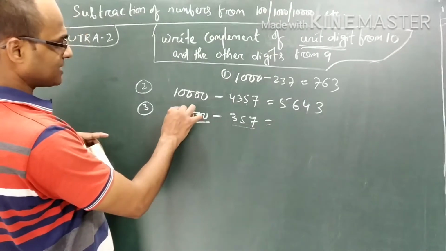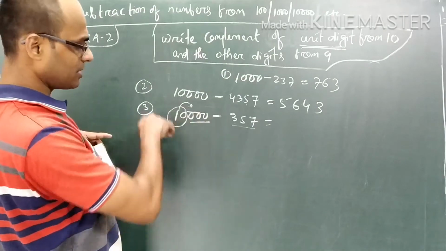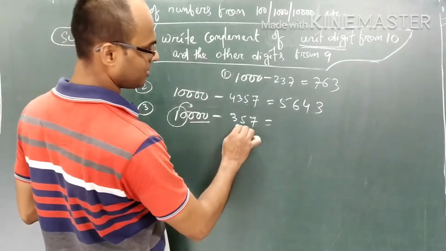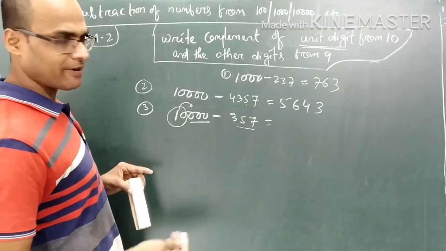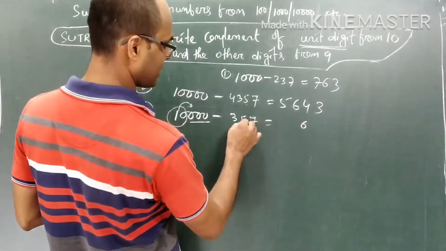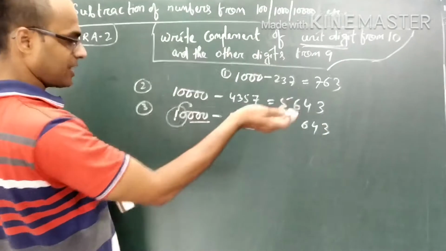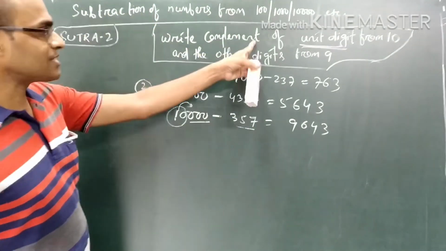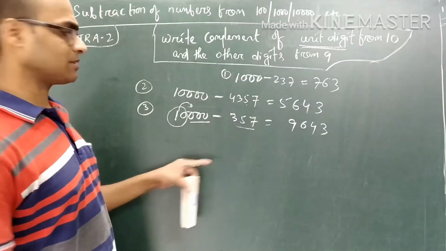From this 10 you bring 1 carry, or I can say from 10,000 I am bringing 1,000. Why 1,000? Because we have a 3 digit number. So find 1,000 minus 357 first: 9 minus 3 is 6, 9 minus 5 is 4, 10 minus 7 is 3. Now from 10 you have already taken 1, so next is 9. This concept is applicable here, which will be beneficial for us.